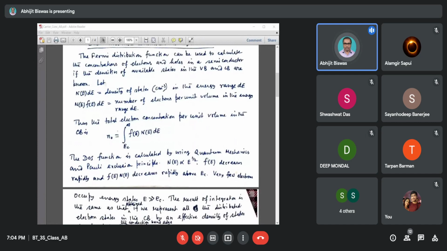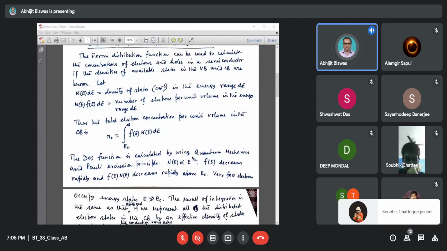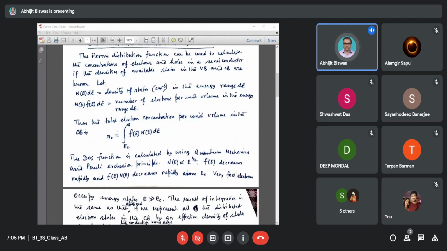If we multiply this with the Fermi-Dirac probability function, that is Fe, we get the actual number of electrons per unit volume in the energy range dE. So Ne Fe dE gives the number of electrons per unit volume in the energy range dE.